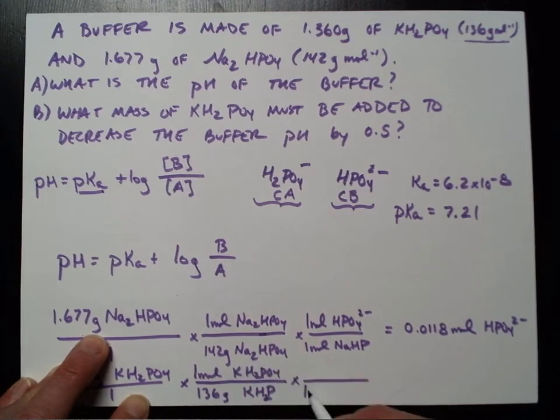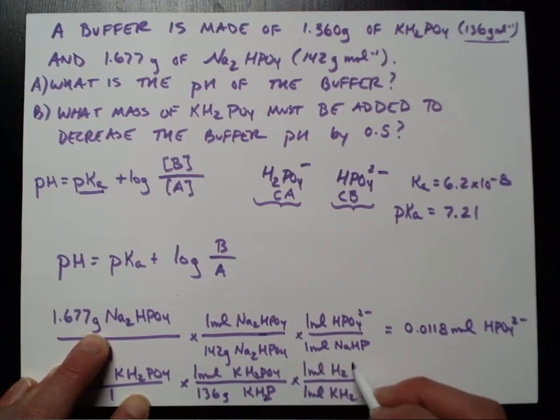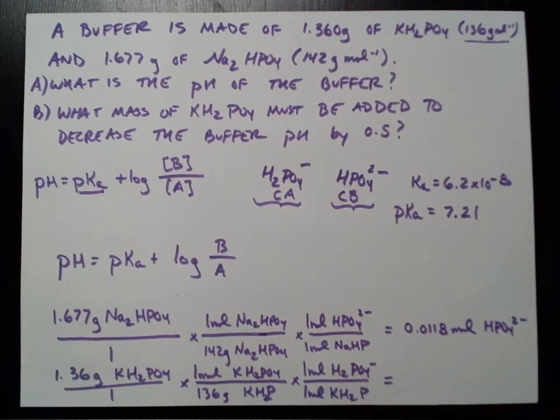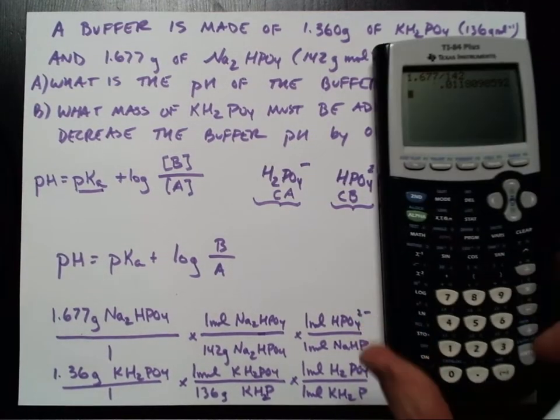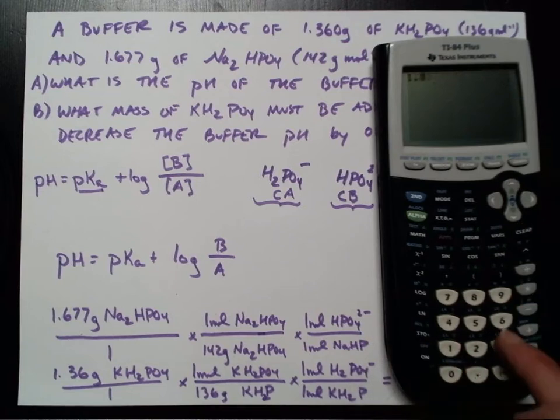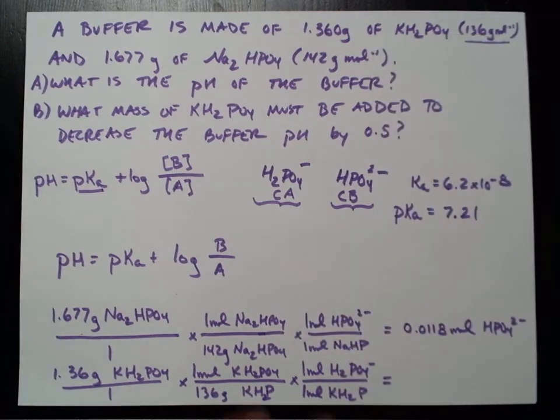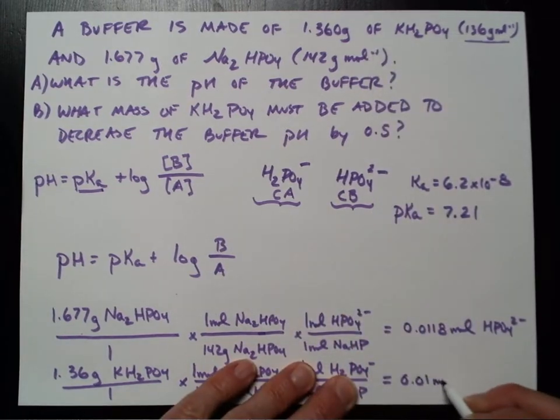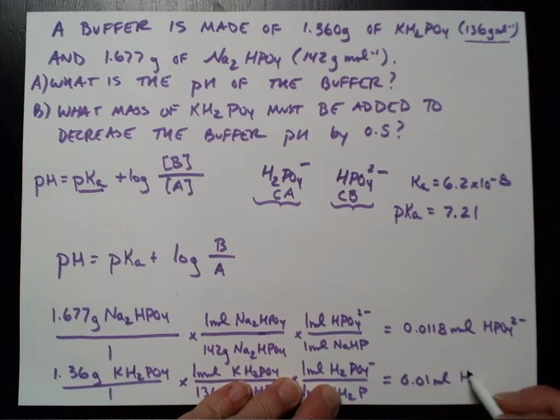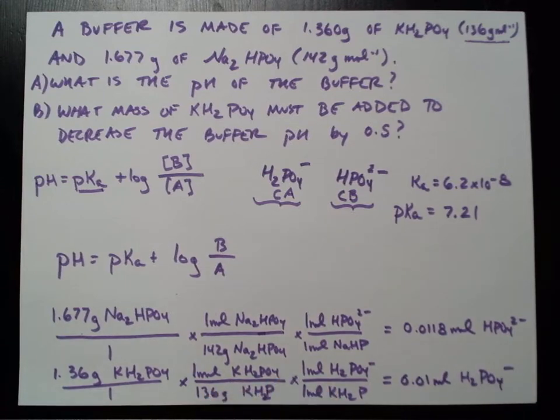And then, of course, for every 1 mole of potassium dihydrogen phosphate, we get 1 mole of dihydrogen phosphate ion. What's that come out to? 1.36 divided by 136 is 0.01 moles of dihydrogen phosphate. Now I'm set to answer the question.